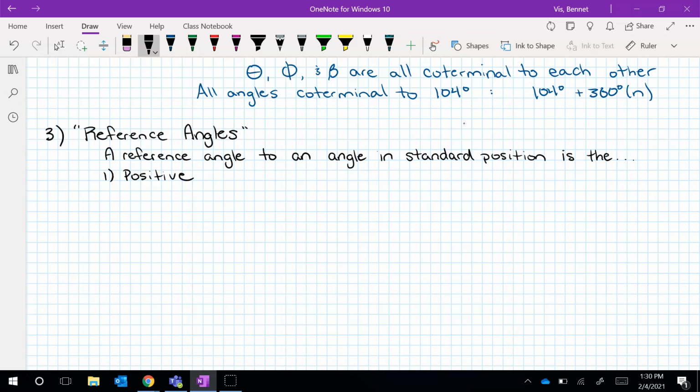So it is the positive. Second thing that has to be true about it is it has to be acute. It's always the angle between, and this is the third condition, always goes to the horizontal axis and the terminal side.